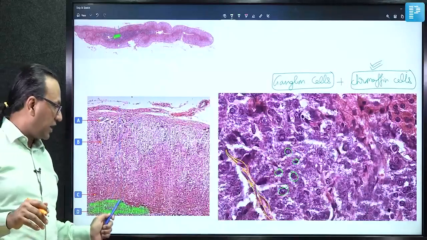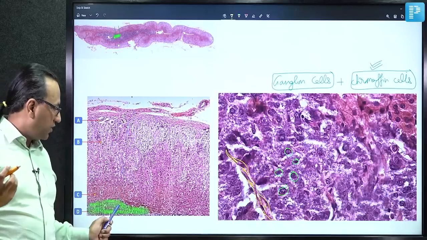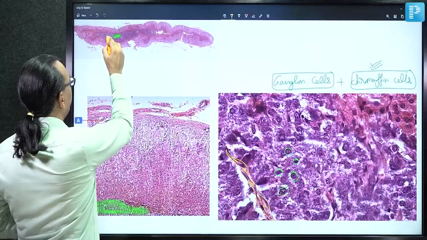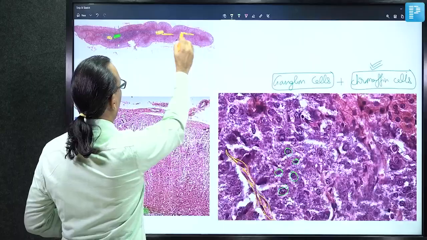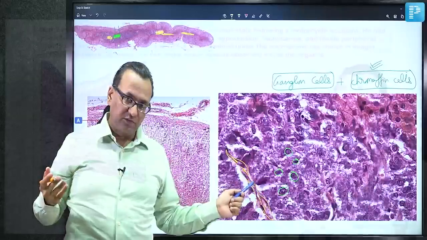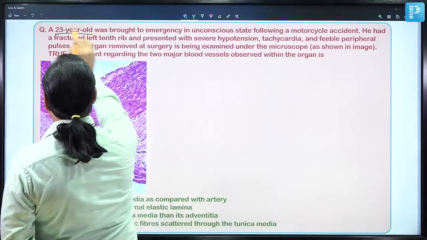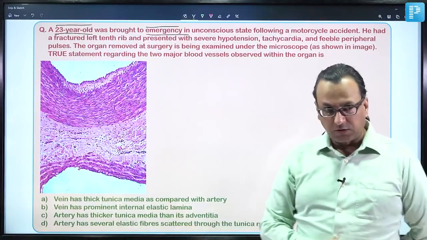All the secretions are to be carried out by the blood vessels. And finally, you'll find the adrenal veins are formed, and these adrenal veins, they'll be carrying the endocrine secretions towards the systemic circulation.